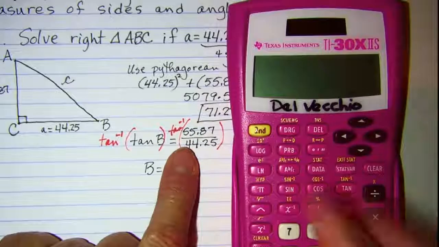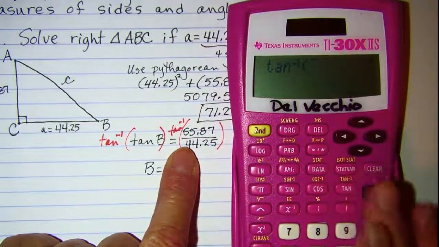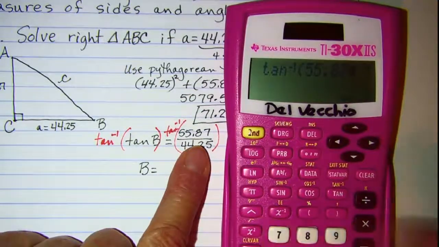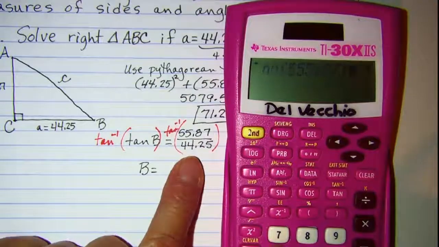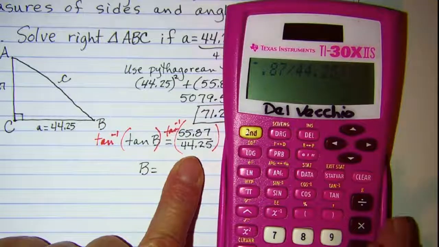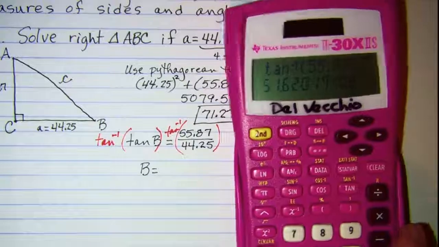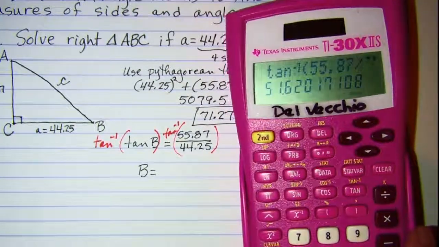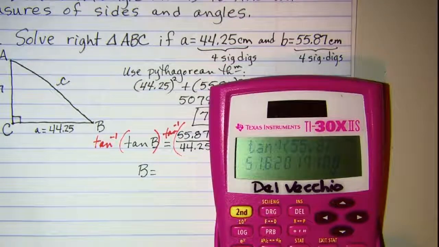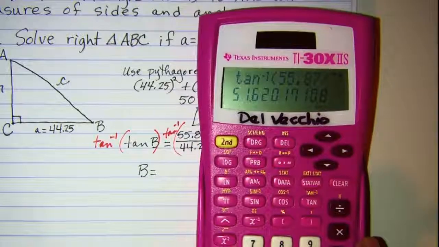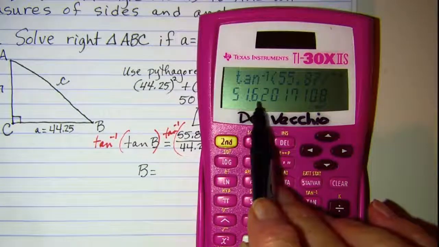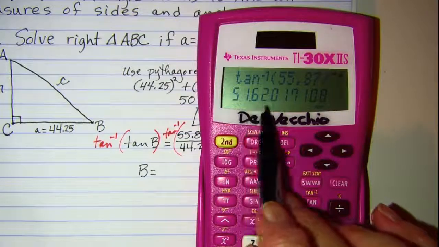I want second tangent, 55.87 divided by 44.25. Close my parenthesis and hit equal. So my angle then is, and I need 4 significant digits, which means I need to the nearest hundredth of a degree right here. So 51.62.